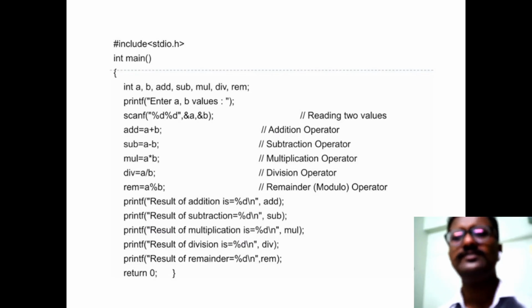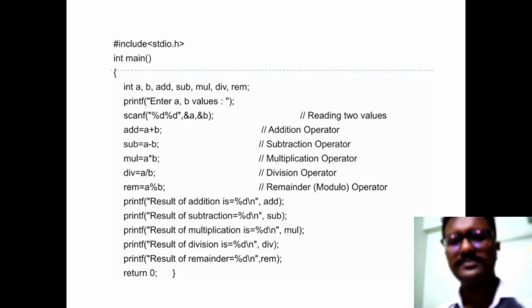For division, we use a slash b. And then next, the remainder, a modulus b, which computes the remainder of the division of the a value by the b value. And then the output result.